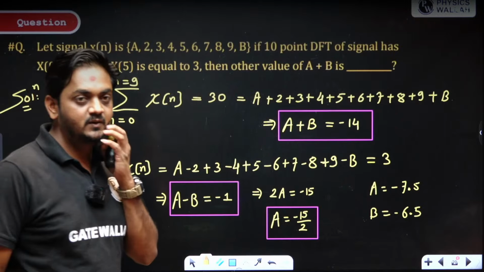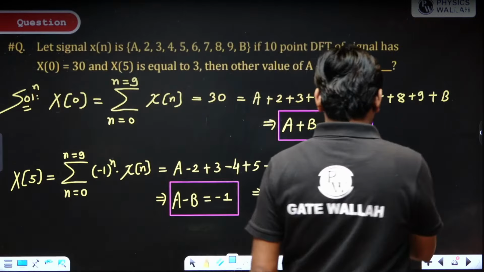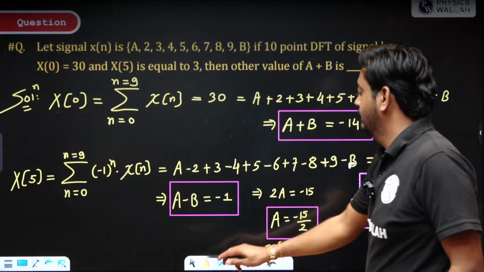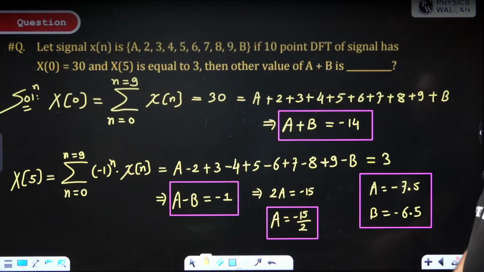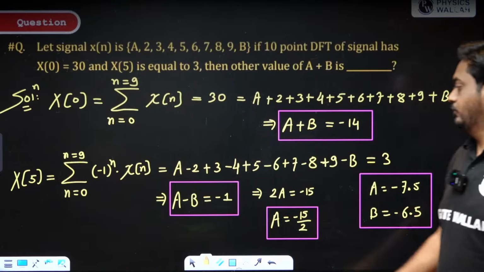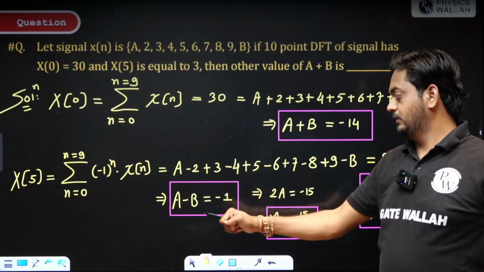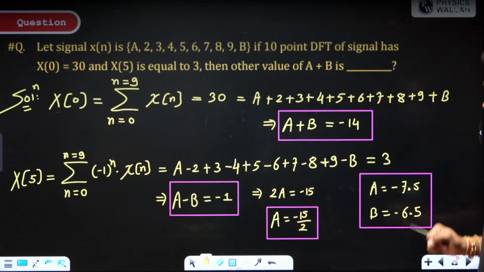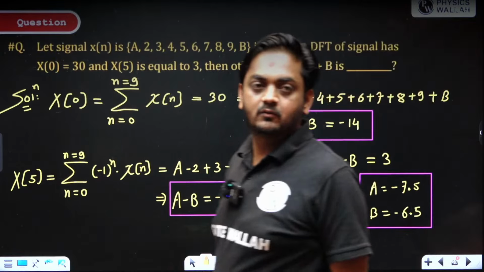Got it? Understood, everyone? Please check once. Value of a and b. If this is minus 1, then if you add both, it is minus 15 by 2. 2a equal to minus 15, so a is minus 15 by 2, minus 7.5. If you put minus 7.5 here, then minus 7.5 plus 1, so minus 6.5. Correct? Got it?